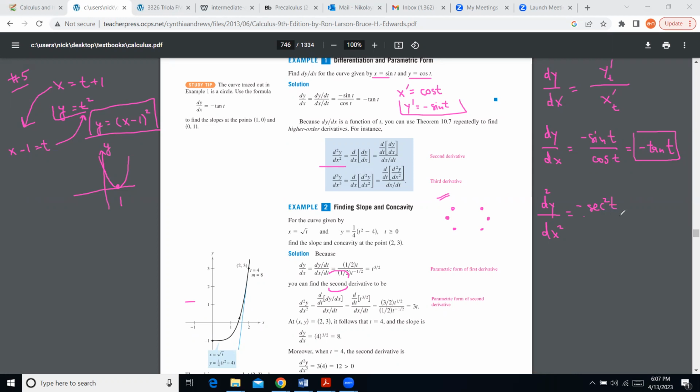And then you still have to divide this by that same exact x prime. That's what they have here in the definition. So you need to, again, put that cosine in the denominator. So when you set up your derivative, you're always going to put the derivative of function x with respect to t in the denominator. Secant is 1 over cosine, so this is going to be something like 1 over cosine cubed, I guess.